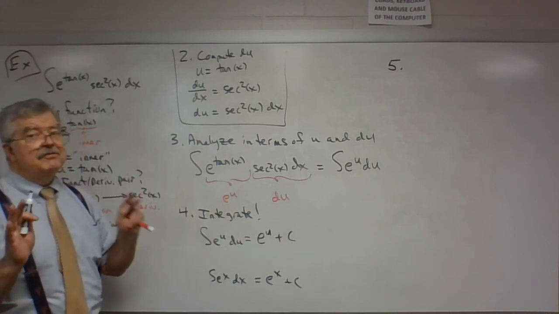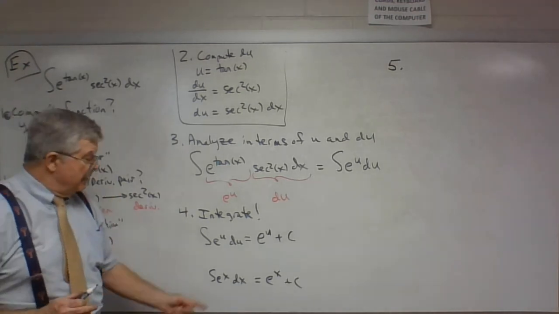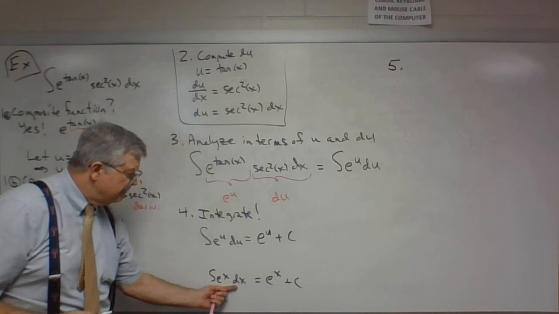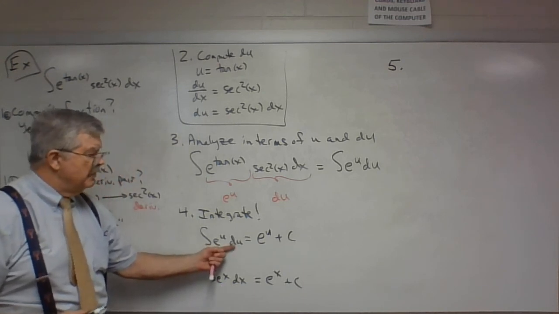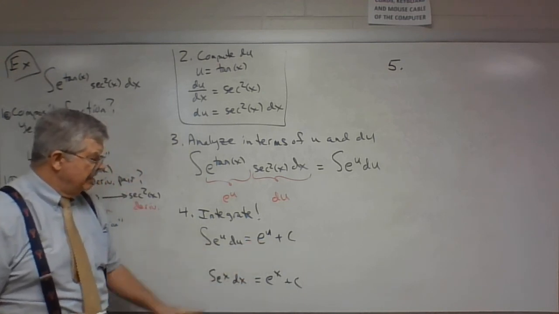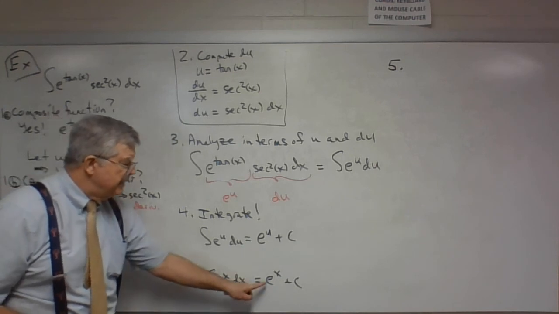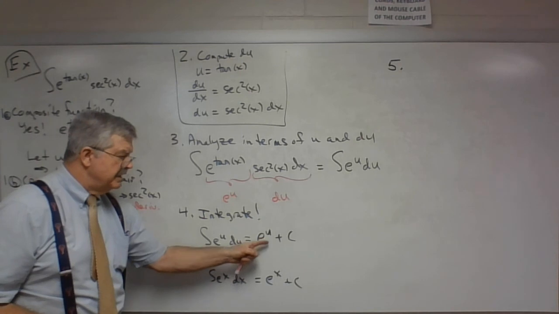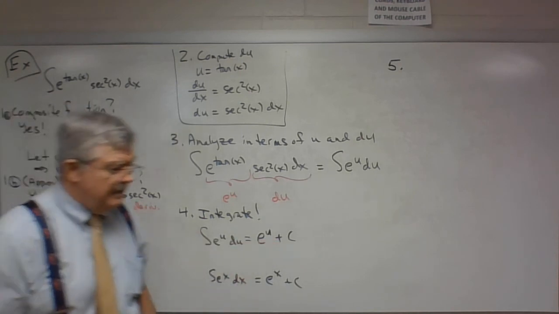Just the name of the variable, right? So whatever this expression does to x, this expression is going to do to u. This expression yields e to the x plus c, so this expression will yield e to the u plus c.